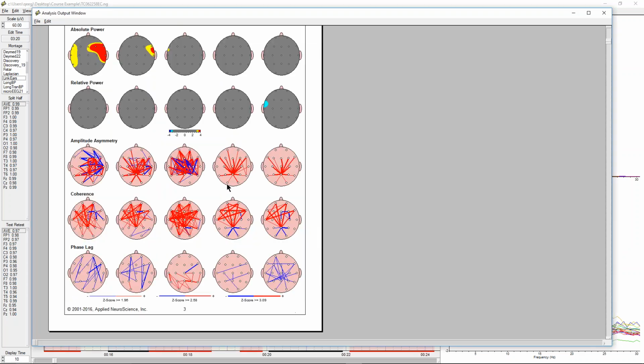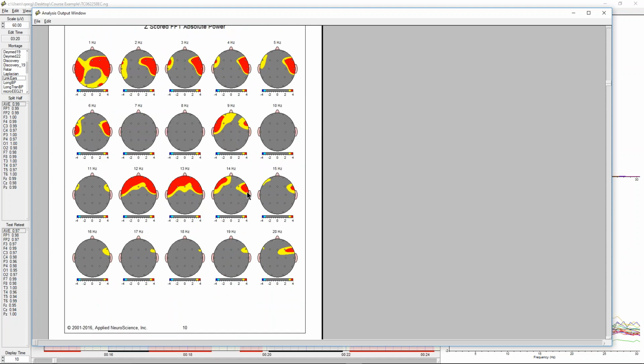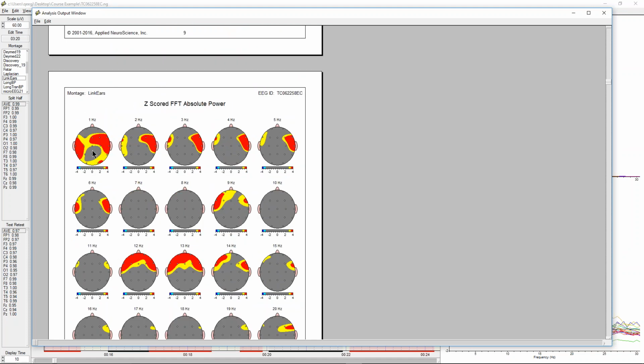So all we're doing is changing the way we look at it. So we go to the 1 Hertz statistical maps, and now we see which areas have excess activity at greater than 3 standard deviations, and the red areas are at least 3.5 to 4 standard deviations.